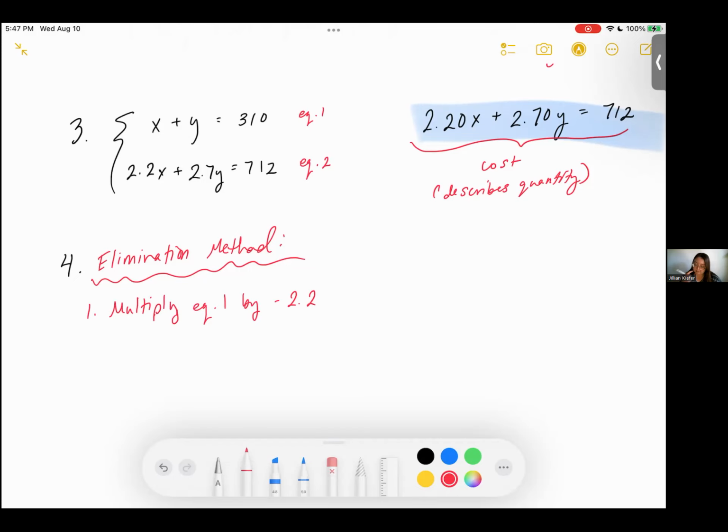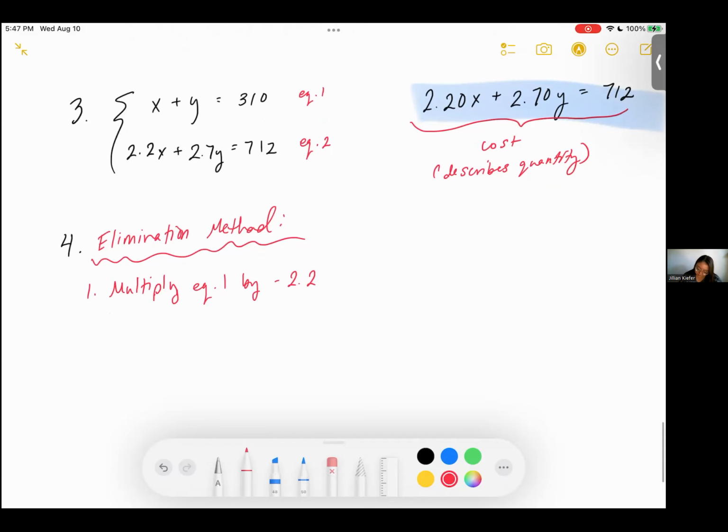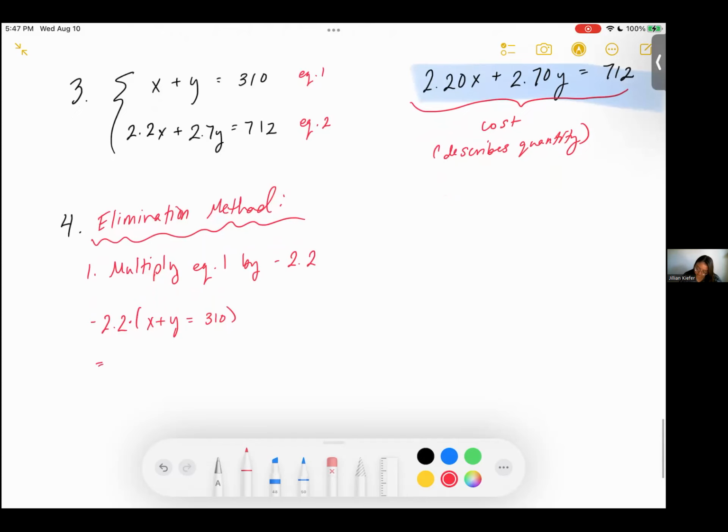So once I do that, we'll take negative 2.2 times x plus y is equal to 310. And this gives us our new equation, negative 2.2x, sorry, I said y the first time, that is an x, there we go, minus 2.2y is equal to 310 times negative 2.2, which was negative 682.